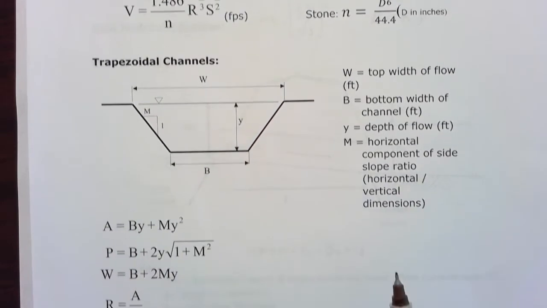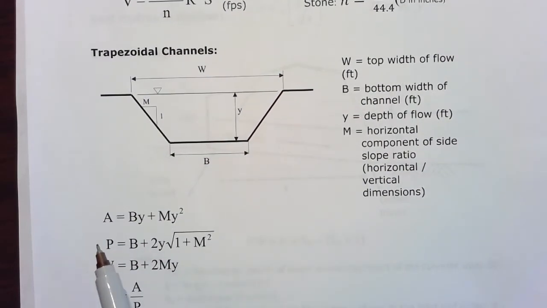If those definitions are true, then we can say that the area is equal to by plus my squared. The wetted perimeter is b plus 2y times the square root of 1 plus m squared. That top width is equal to b plus 2my, and the radius is the area divided by that wetted perimeter, that hydraulic radius that we need for the Manning equation.